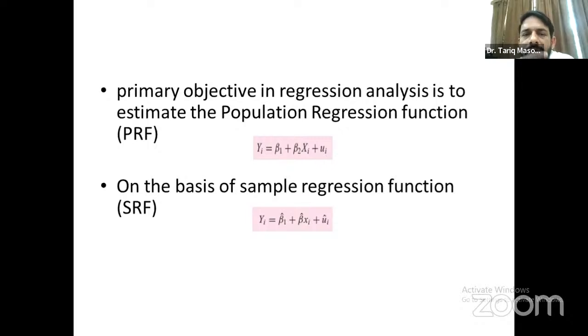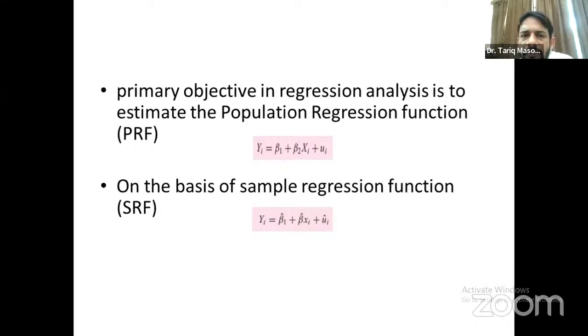So our purpose is to estimate this function, to estimate beta 1 and beta 2, which are unknown quantities, unknown values which belong to some population, on the basis of the sample regression function: Yi is equal to beta 1 cap. Here we are adding a cap on beta 1. These are estimated values which we are estimating with the given sample.